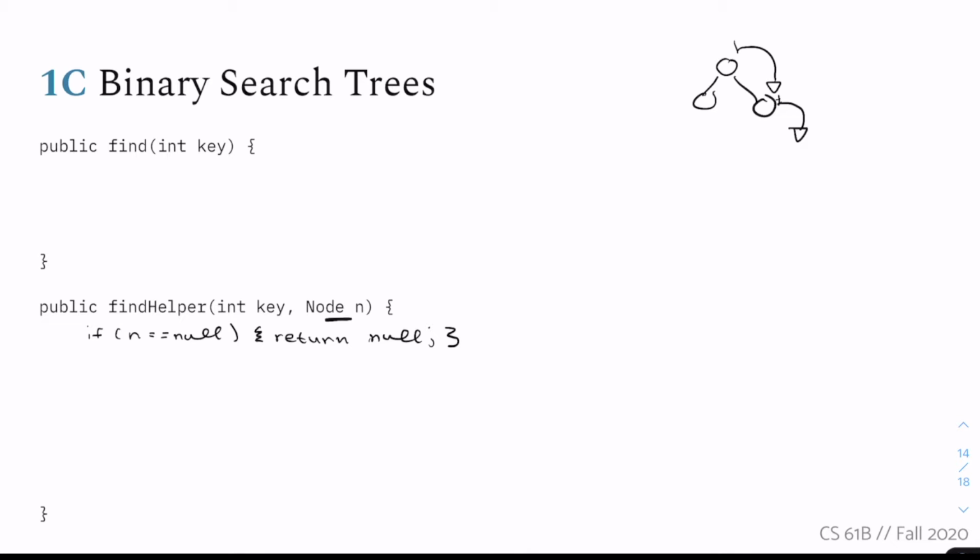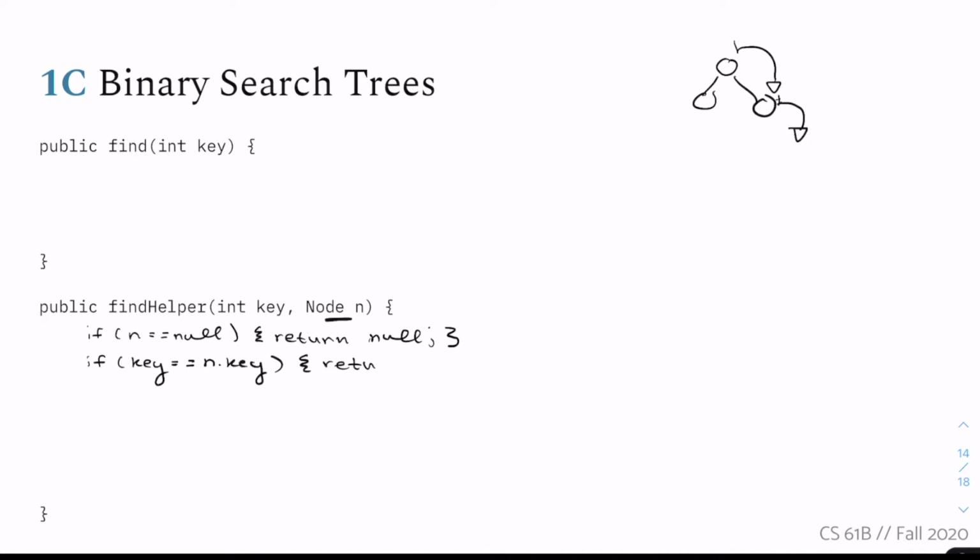So we have that base case, and our second base case was, what if we actually find the node that is associated with that key? Then we'll say if key equals equals n dot key. We're working with integers here, so we can use equals equals.